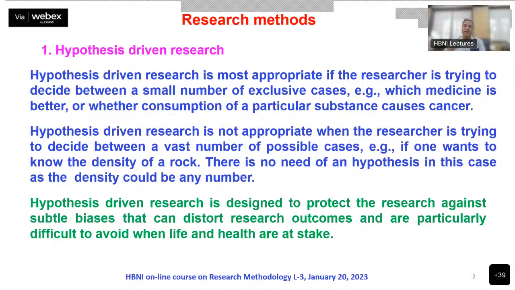So to protect the people who are developing those vaccines against subtle biases, and these biases can distort the outcome of a research. When you are developing a medicine, which is a question of saving lives, it is very difficult to avoid those biases.